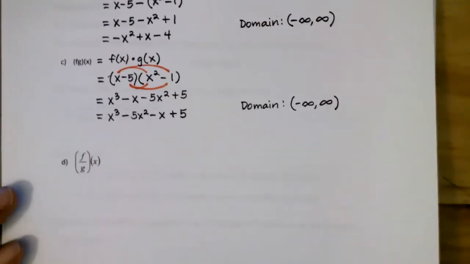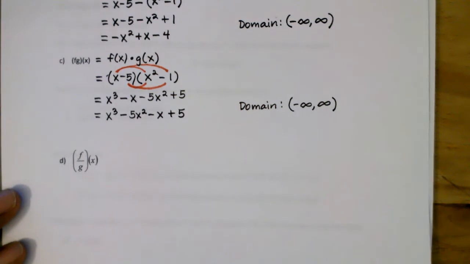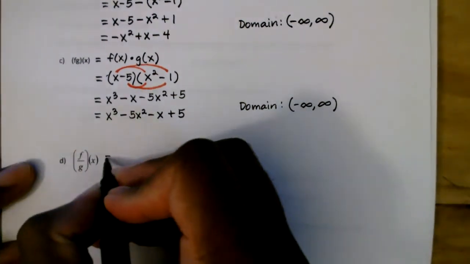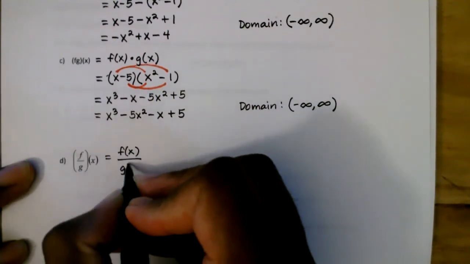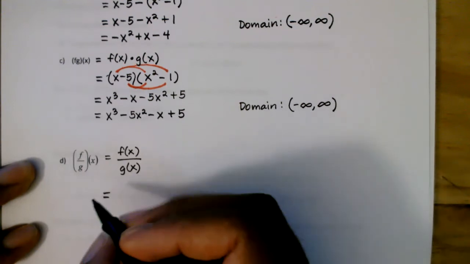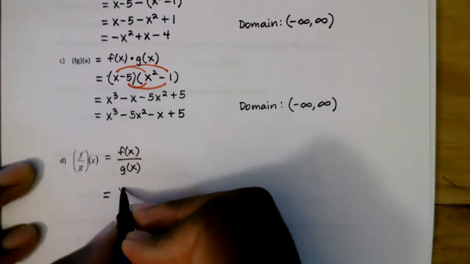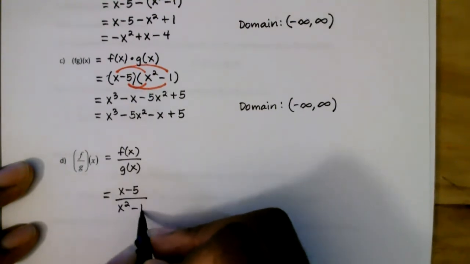Okay, part D, f divided by g of x. That means f of x is going to be divided by g of x. Well, here f of x, of course, is x minus 5, divided by g of x, that's x squared minus 1.